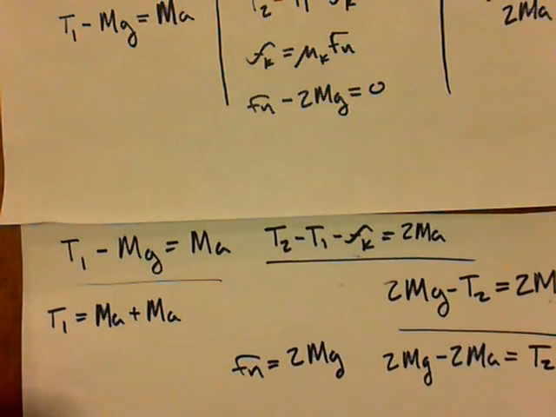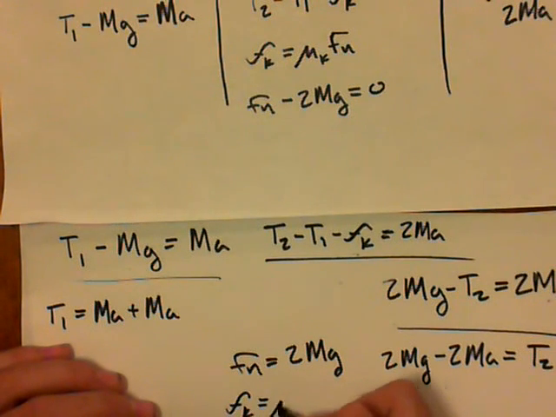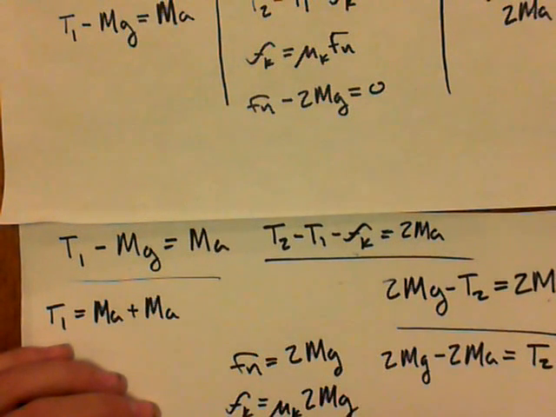It makes it really clear. And then our frictional force also just goes to mg. Right, so this is what we want. We're going to plug this back into here.